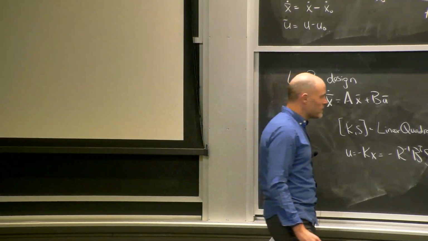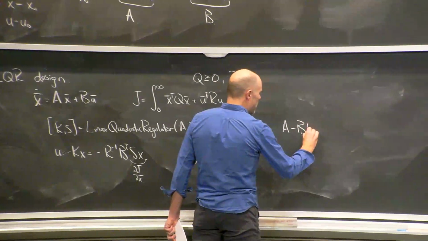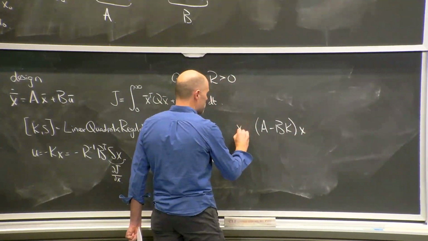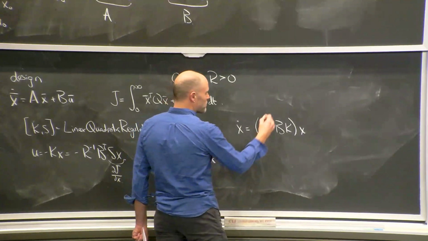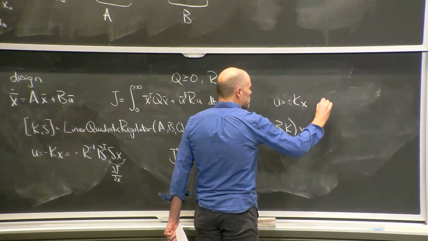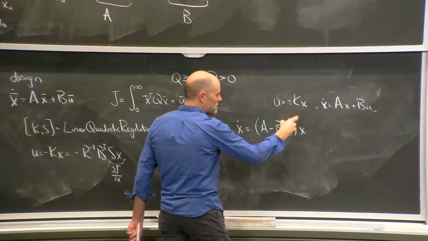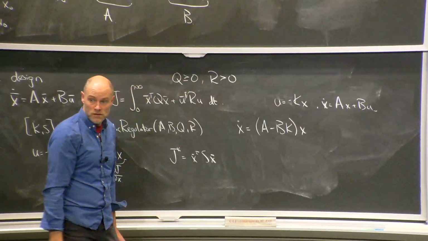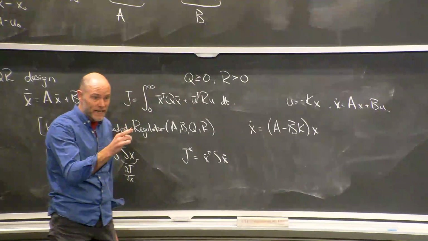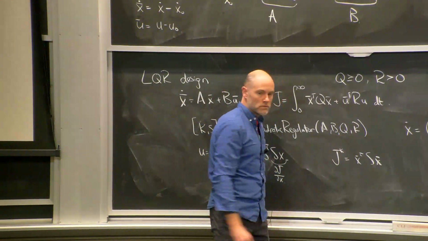In particular, the system (A minus BK)x, that's what you get from having u equals negative Kx inserted into x dot equals Ax plus Bu. I just stick that in, I get (A minus BK)x. The eigenvalues of this are going to be negative for any choice of Q and R.